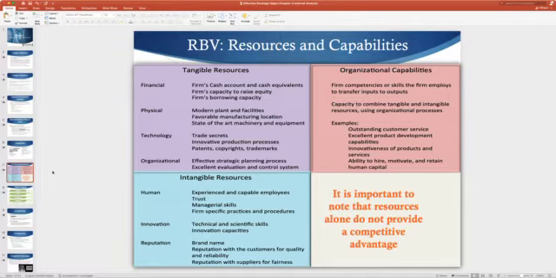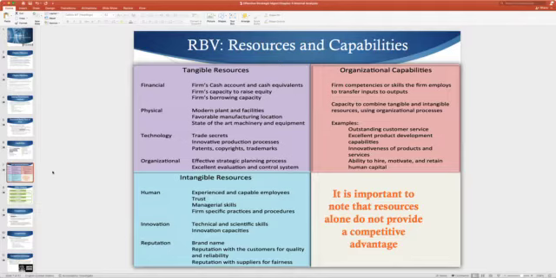It is the combination then of the tangible and intangible resources along with the capabilities of that firm. That's the amount of work that that firm is able to produce. So capacities of that firm, which is important to know, because when we're looking at output, what kind of capacity does the firm have for output? It is the combination of the tangible, the intangible, and the capabilities.